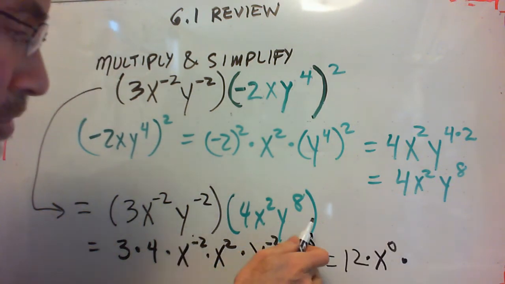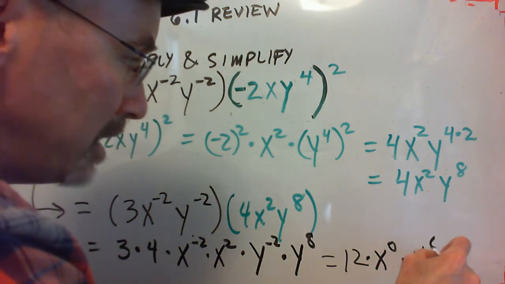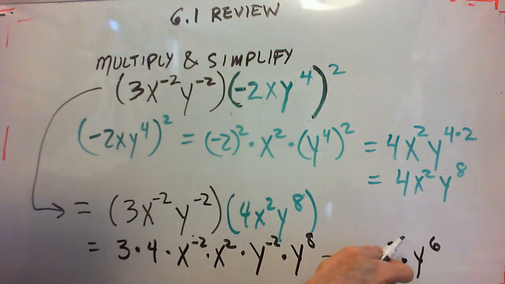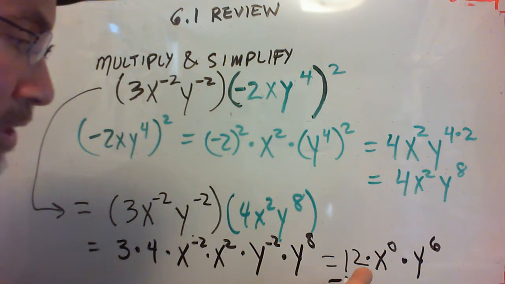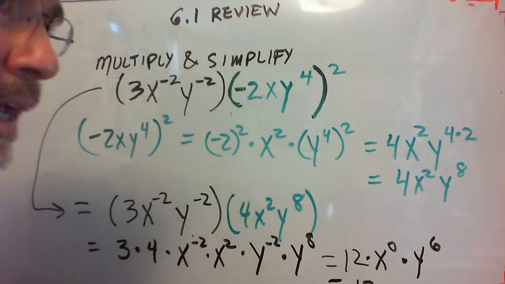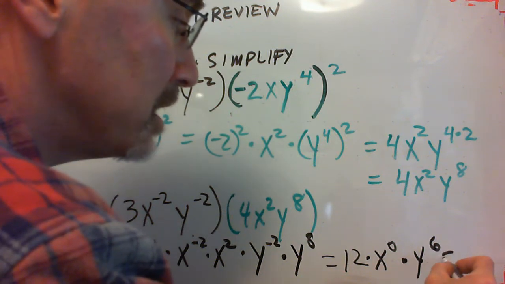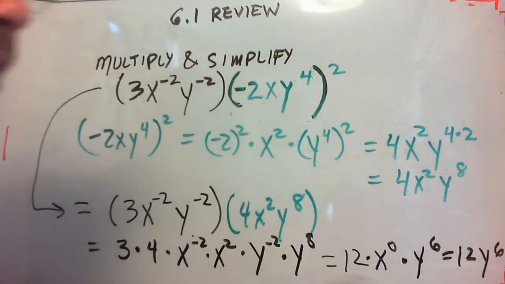Y to the negative 2 times y to the 8th, negative 2 plus 8 is y to the positive 6. Now x to the 0 turns into 1 because anything to the 0 power is 1. So our answer is 12y to the 6th.